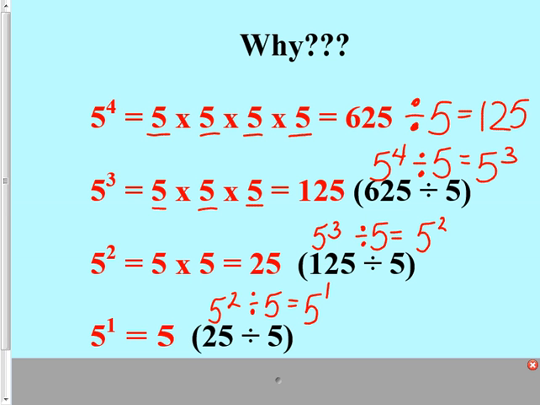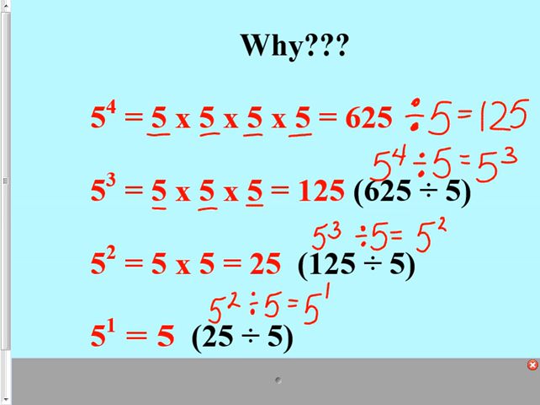So what you should be hopefully noticing from this is anytime I take a number that is in exponential form and divide it by the base, I should get the next power down. In other words, 5 to the 4th power divided by 5 is equal to 5 to the 3rd power because that's one lower power than what the 4 was.